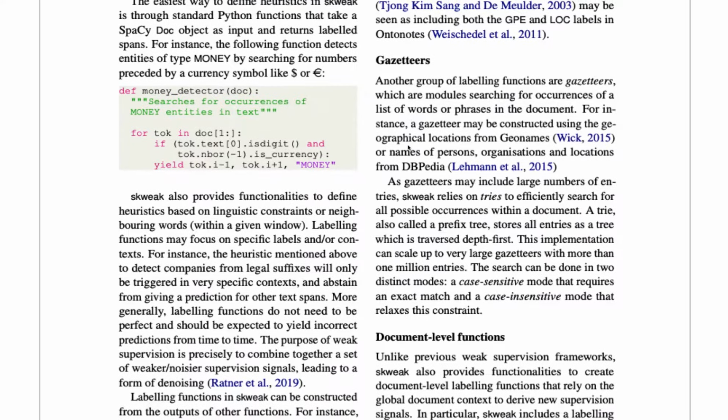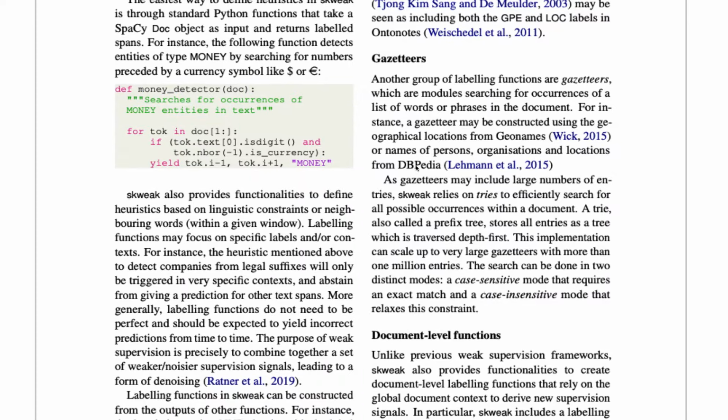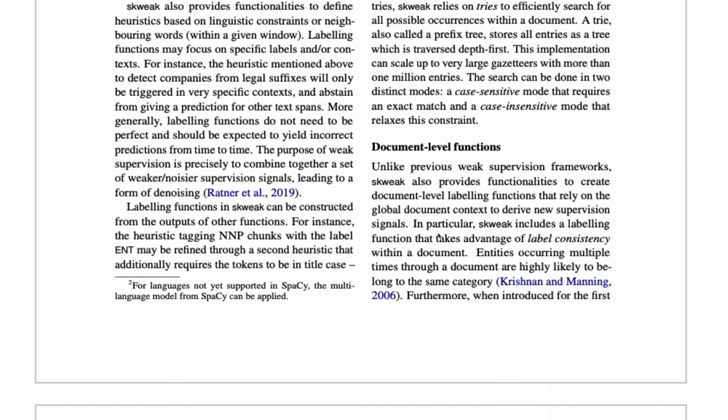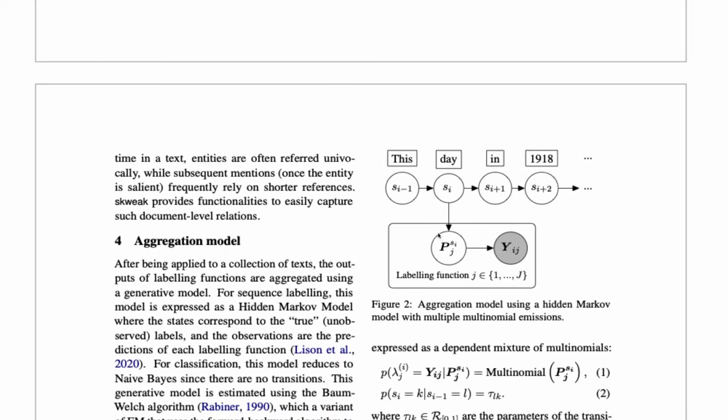Let's say you have another database from which you can extract all the people's names. Now, for your articles or your words, you can do a lookup in your gazetteer, and using this lookup you can do some sort of tagging. Let's say I think this phrase is a person, or this phrase is a company, or this phrase is an organization. So these are the general ideas.